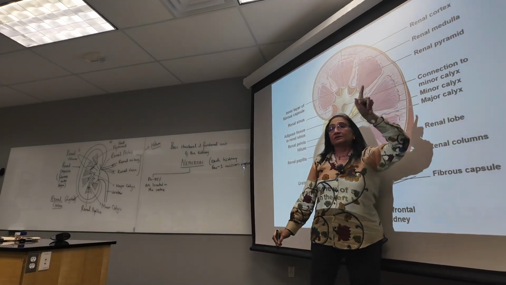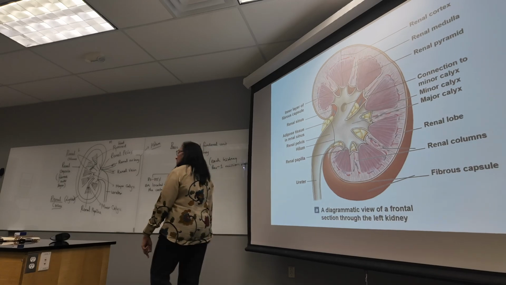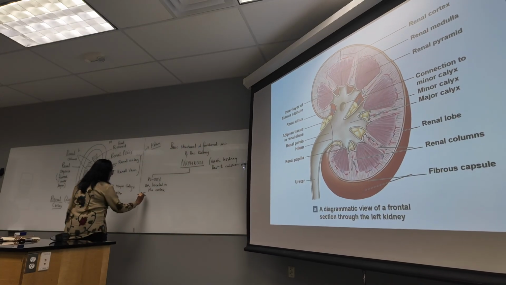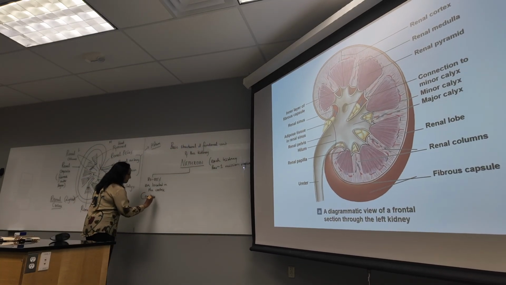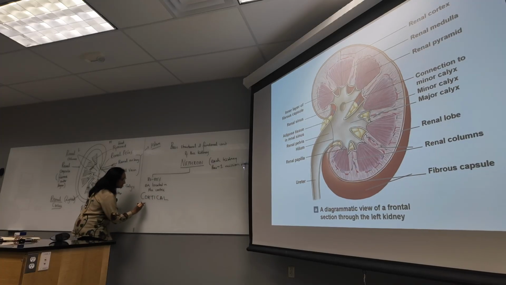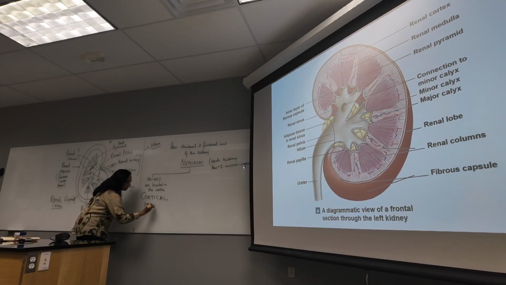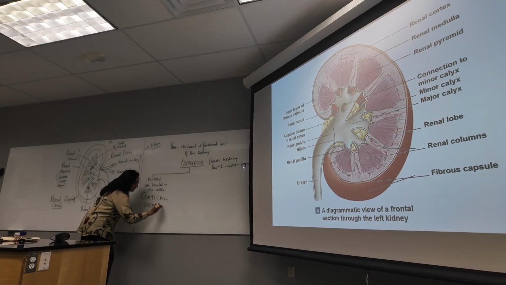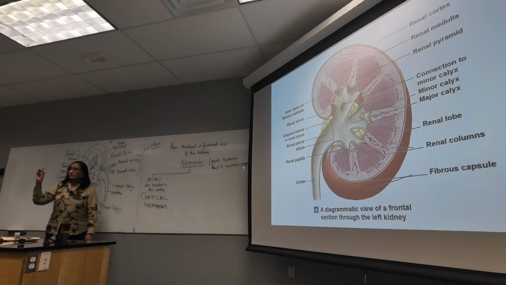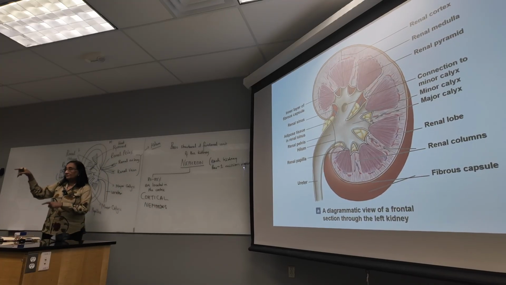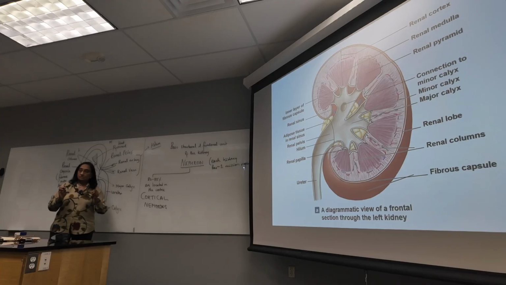They are located here. Okay? Because they are in the cortex, we call them cortical nephrons, which are responsible for almost all the functions that we listed at the beginning. This is what they do.